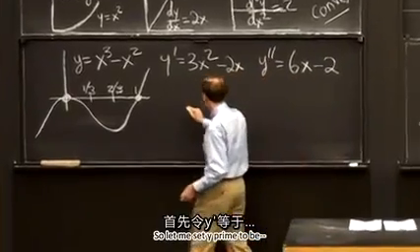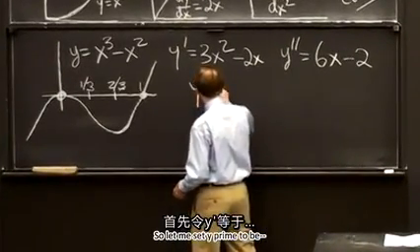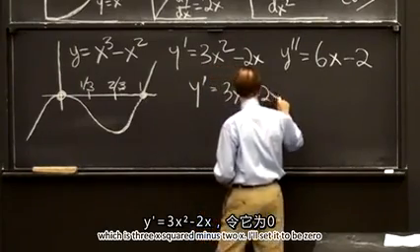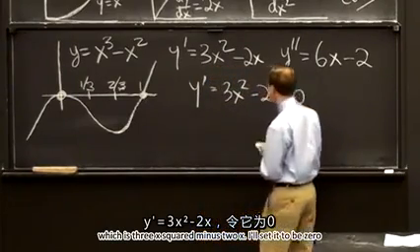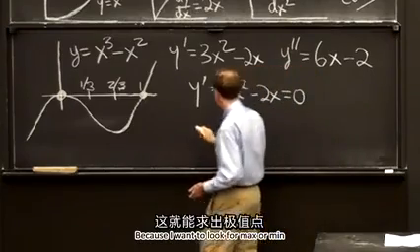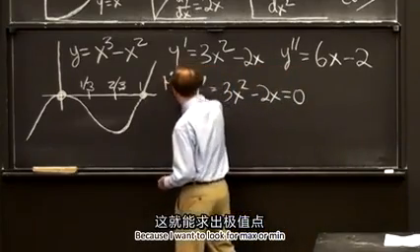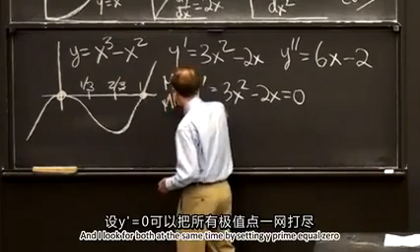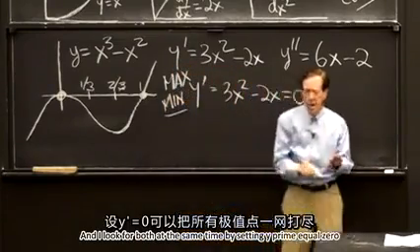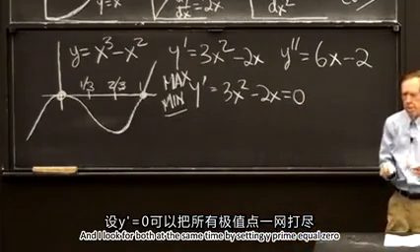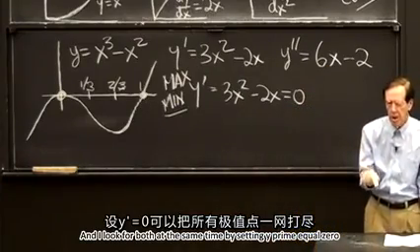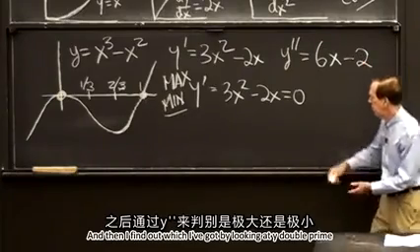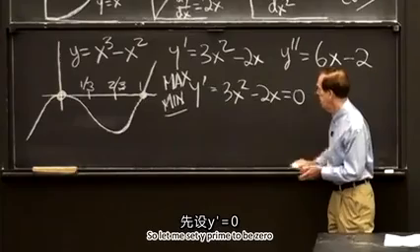So let me set y prime, which is 3x squared minus 2x, to be 0 because I want to look for max or min. And I look for both at the same time by setting y prime equals 0, and then I find out which I've got by looking at y double prime.